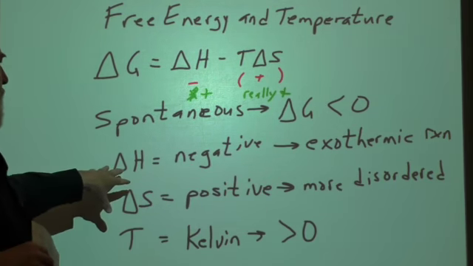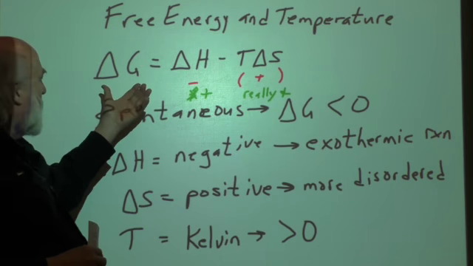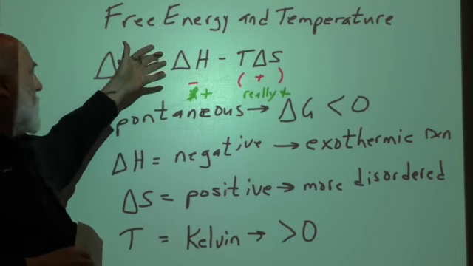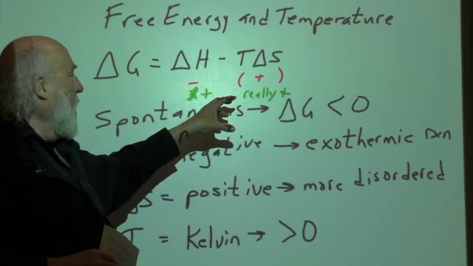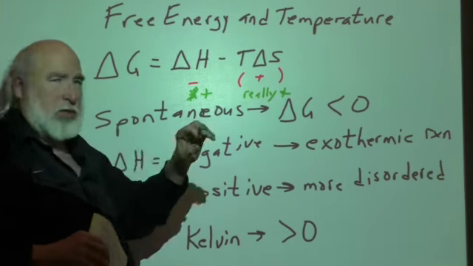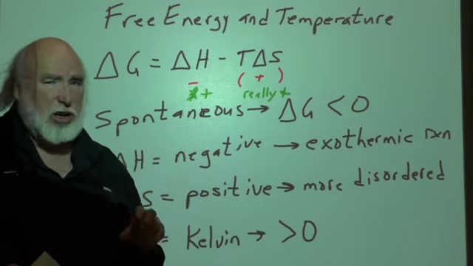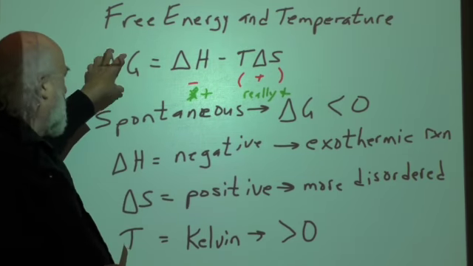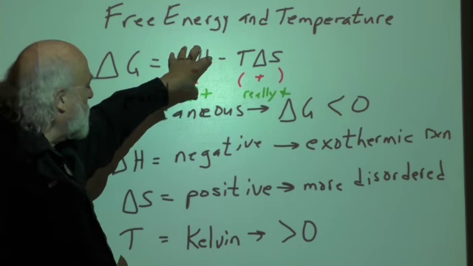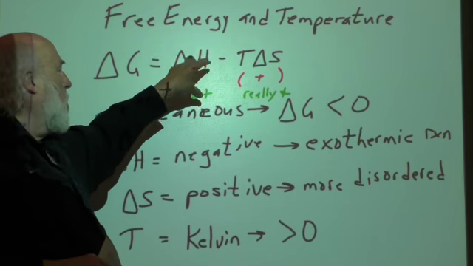We start with delta H. As we can see, if we want a negative value here, if the delta H is negative, and the delta S is measured in joules per mole Kelvin, and delta H is measured in kilojoules per mole, and the delta G is in kilojoules, then this is a very much larger quantity than this.